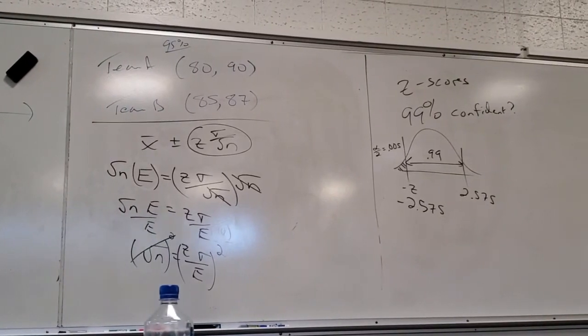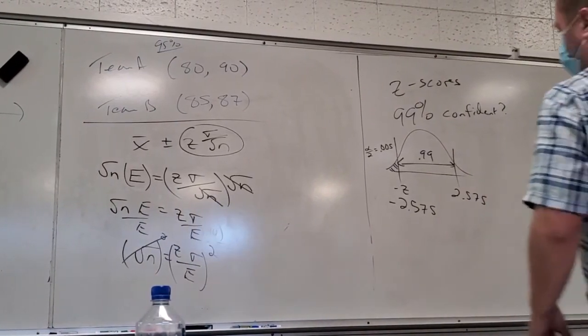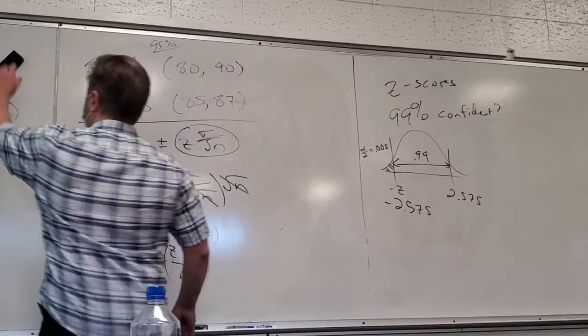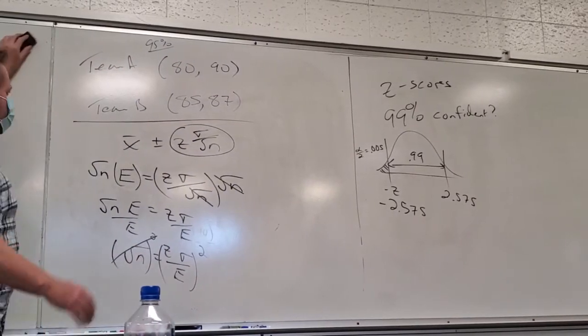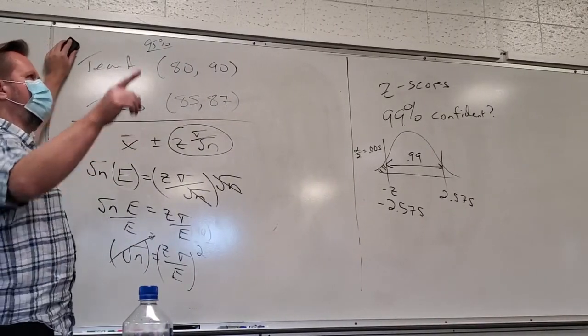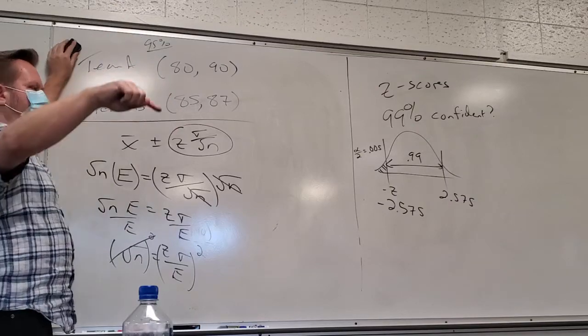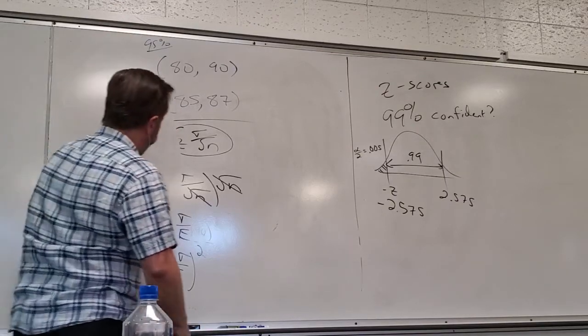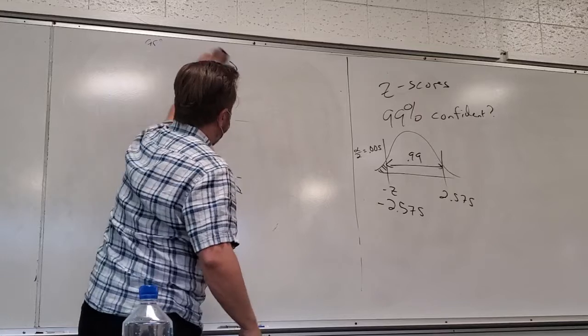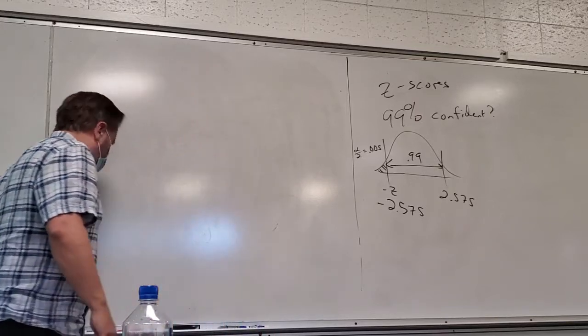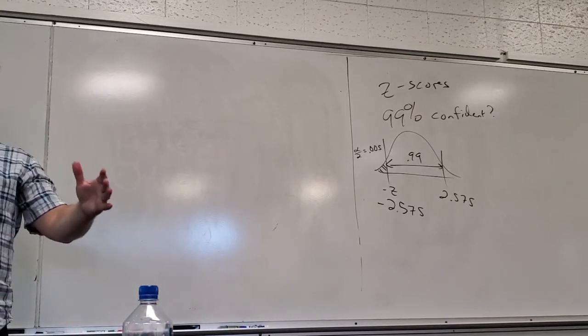Let me see if I can sneak this in here a little bit. Like I told you, the reason that I do 8.3 before we do 8.2, you're going to be really excited, is because, you know how we have the Z-score chart?